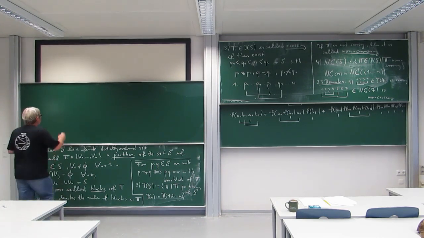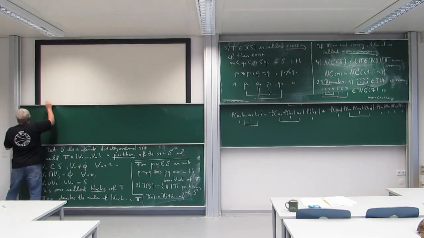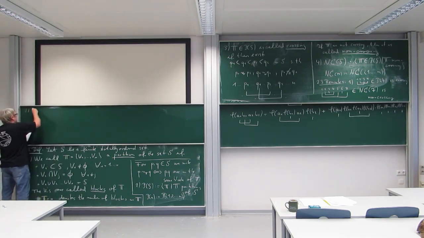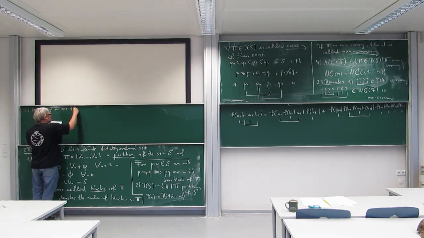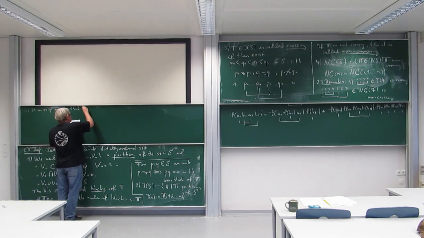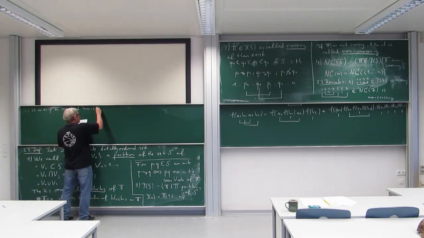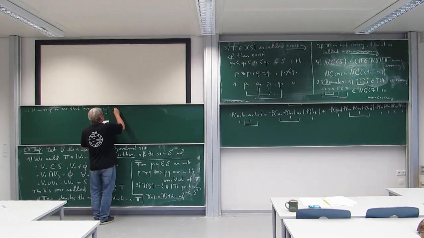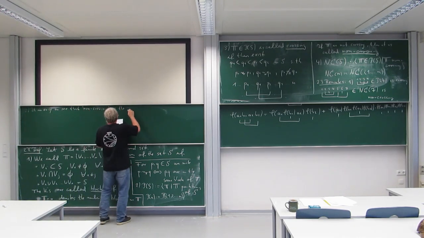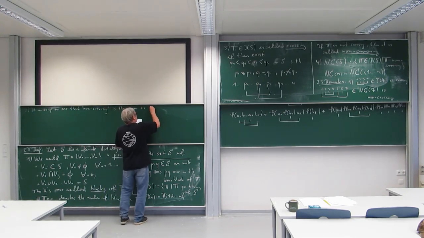Let me formalize this a bit. I'm saying it is easy to see that this non-crossing is actually the same as what I called nested before. It's the same. It's nested.